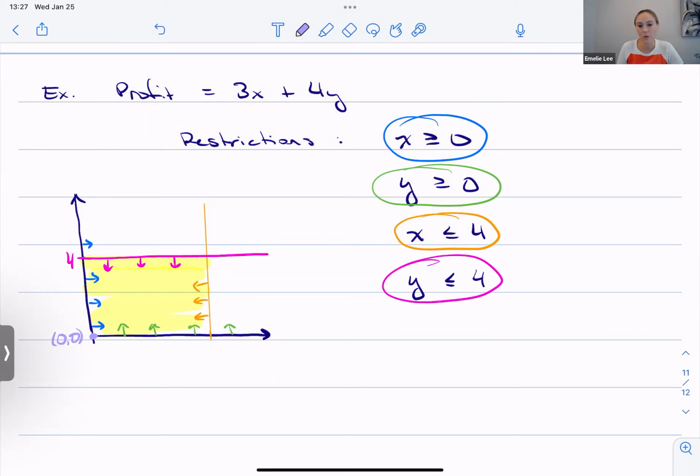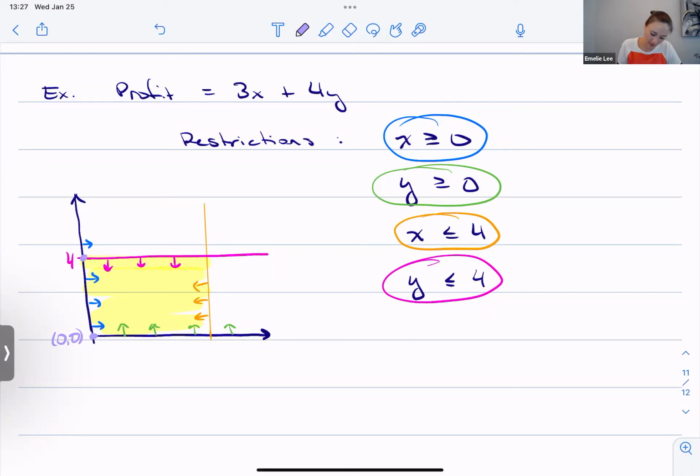That's one of the corners. I could just do nothing, and that gives me some profit. That's never going to be the maximized profit, but it does exist, so we do it anyways.